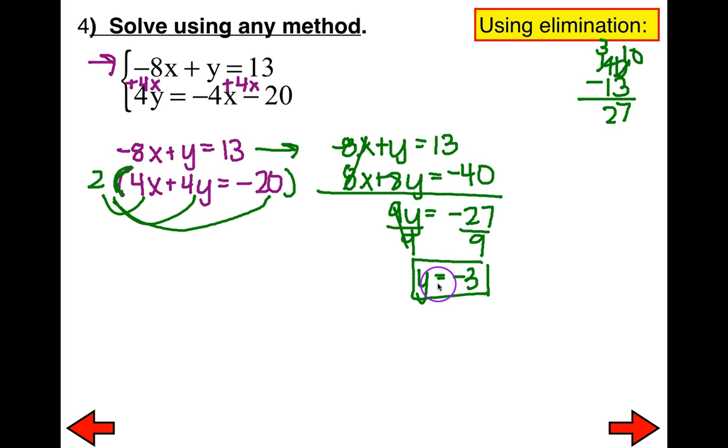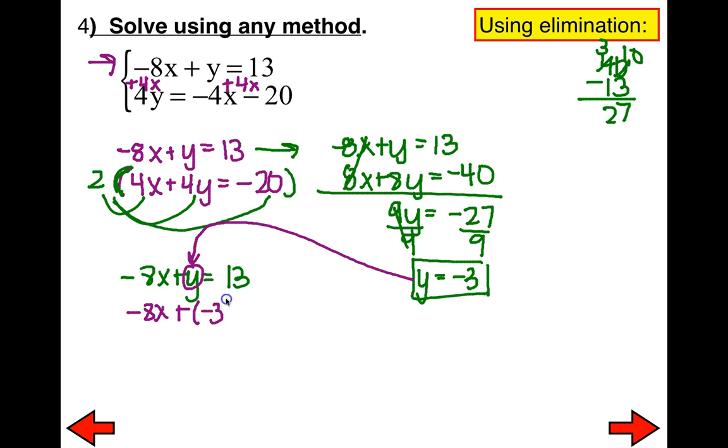Now what we're going to do is go ahead and plug it into one of the originals. So I think I'm going to plug it into the first one. Negative 8x plus y equals 13. Here we're going to plug in the y in for only y. So we have negative 8x plus a negative 3 equals 13.